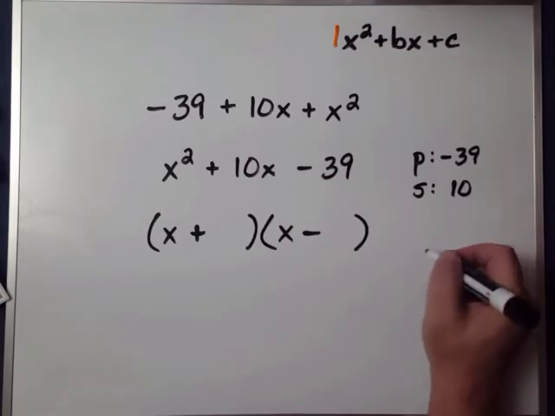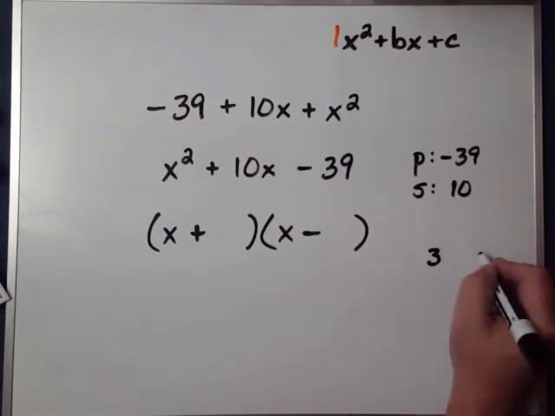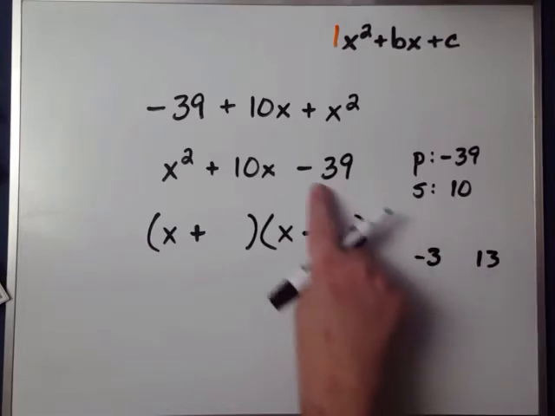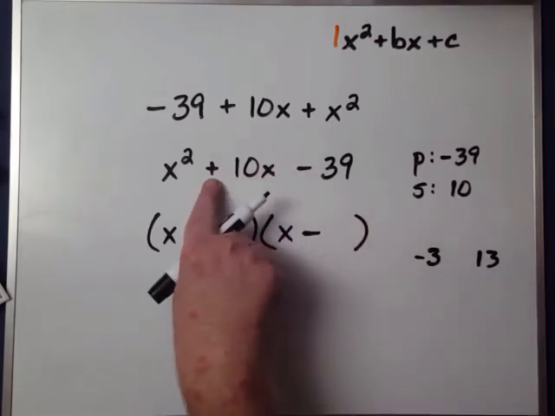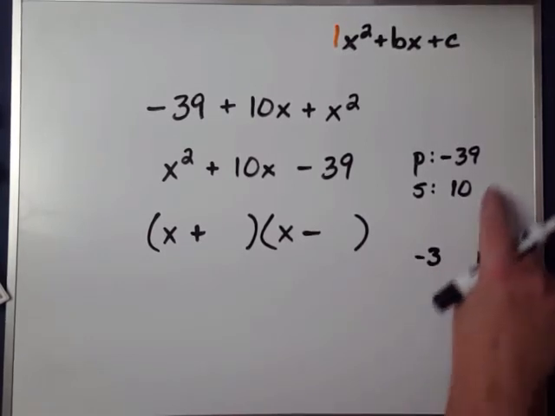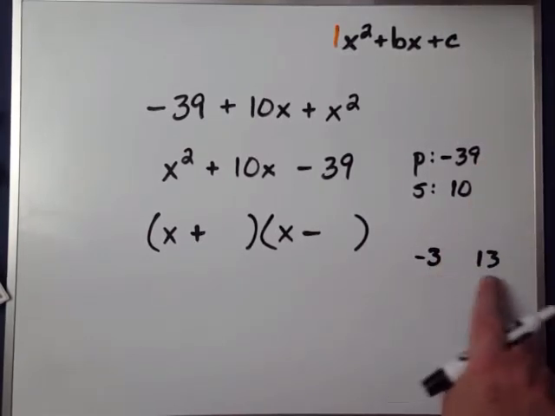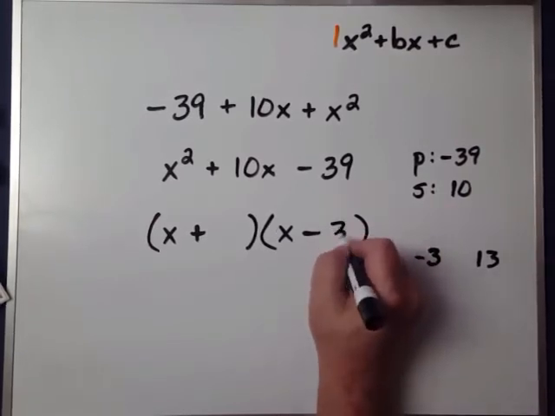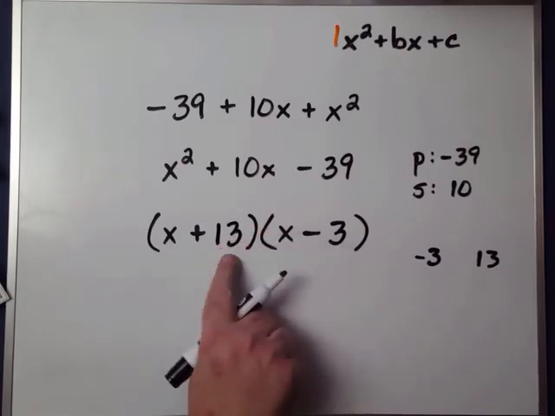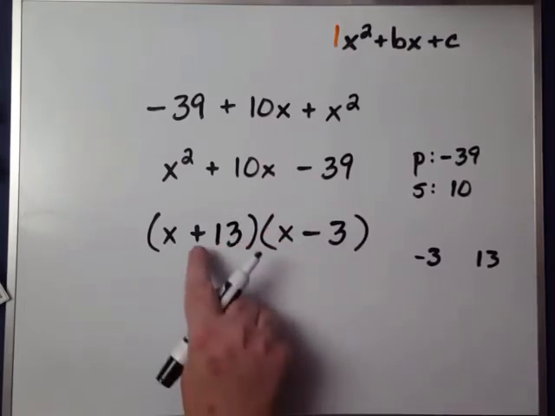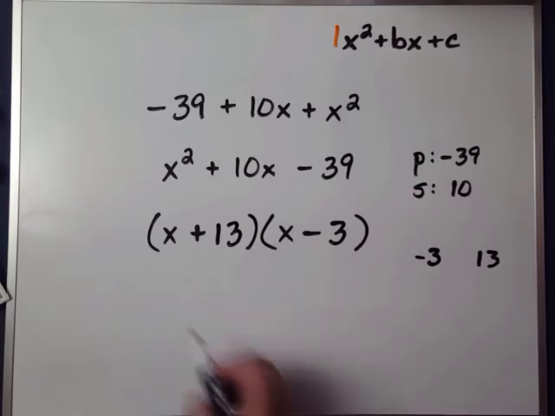In other words, opposite in sign and the larger one's positive. Opposite in sign, larger one's positive. I have two numbers that multiply to give me negative 39, and that when I add them up, they give me positive 10. The larger of those two numbers, the 3 or the 13, the larger of their absolute values, goes with the positive this time.